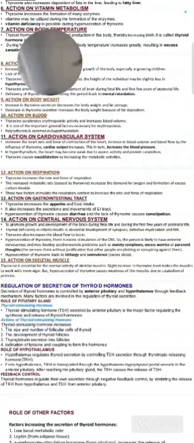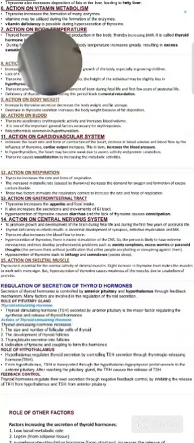The next action is on the gastrointestinal tract. Thyroxine increases the appetite, thereby food intake also increases. And it also increases the secretions and the movements of the gastrointestinal tract. So increase in thyroxine secretion causes diarrhea, because more and more motility of the gastrointestinal tract causes diarrhea.